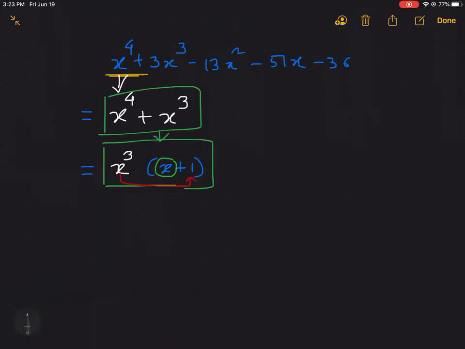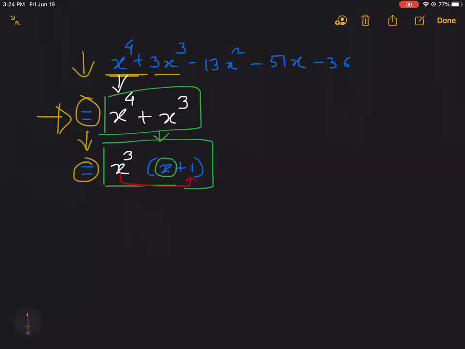I'm trying to rewrite the entire function in a way, as I said, for which I'll get x plus 1 as a factor. Okay, now we know that our main function had 3x cubed. How many x cubed we have in our second line? 1, right? So we still need to have 2 more x cubed because I'm writing this equal sign. That means all of these values are exactly the same.